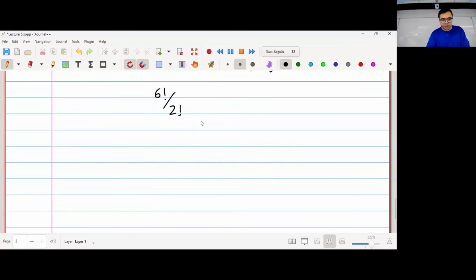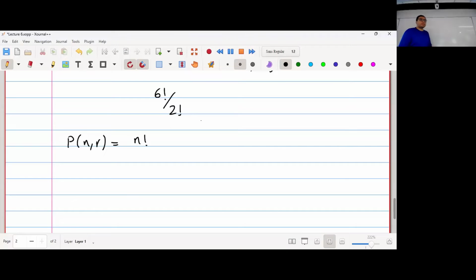Now, in general, it's the same idea. If I want to find P of n, r, I can say first, just create any queue of length n. And I know that I can do that in n factorial ways, right? And then I'm going to say only keep the first r people and remove the last n minus r people, right?